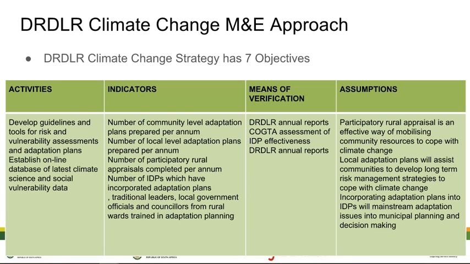The framework also includes means of verification information and any assumptions made when developing the indicators. This slide shows the details of the first objective, which is support the development of community and local climate adaptation plans.